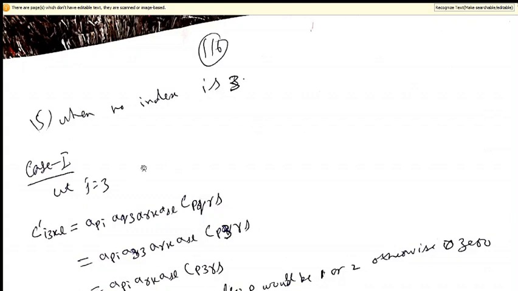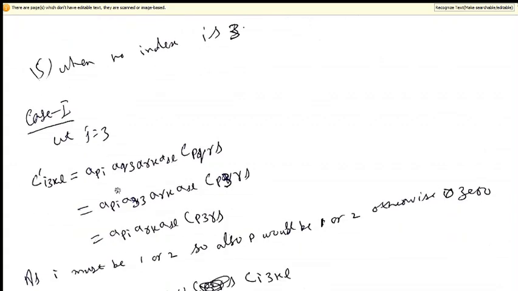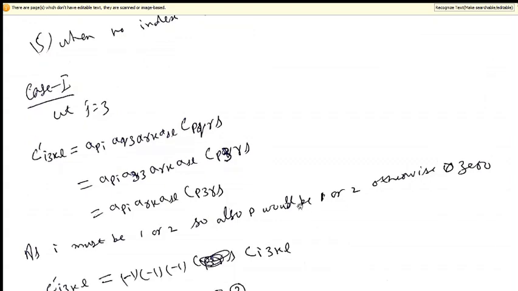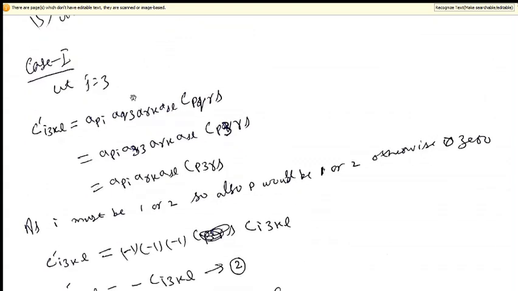In case number 1, suppose that j is equal to 3. You can take i equal to 3, k equal to 3, or l equal to 3. Here we are taking only one index equal to 3. In case 1, you have four choices.